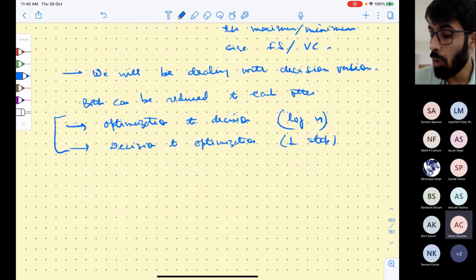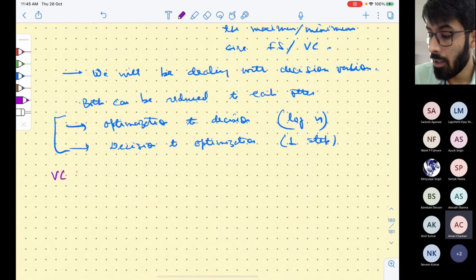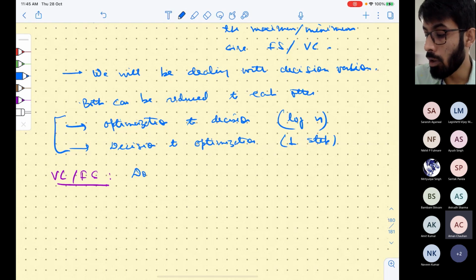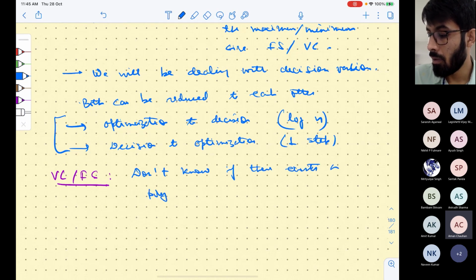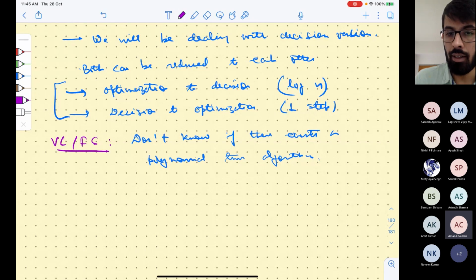So now for both these problems, vertex cover and independent set, we don't know if there exists a polynomial time algorithm. But we know something.